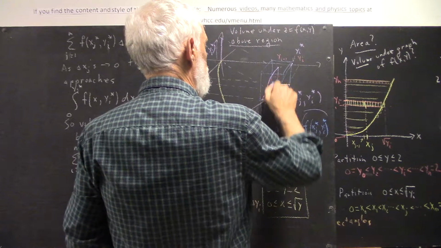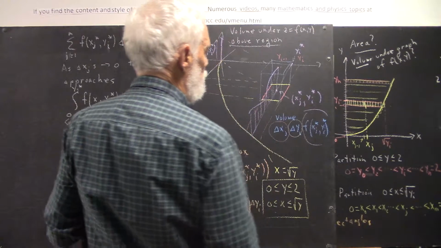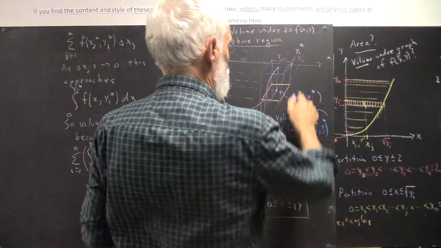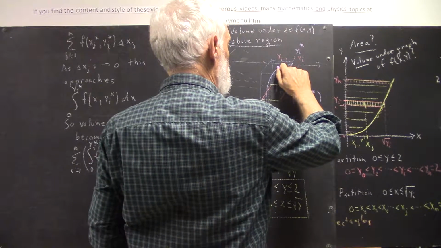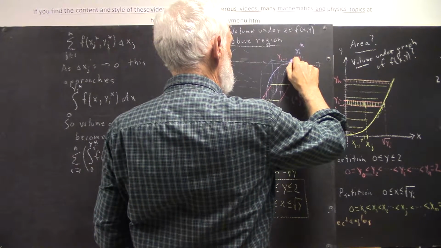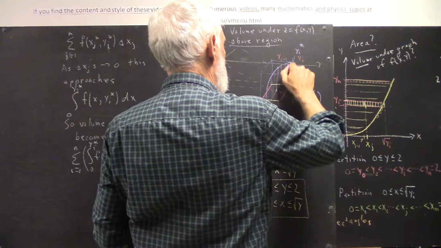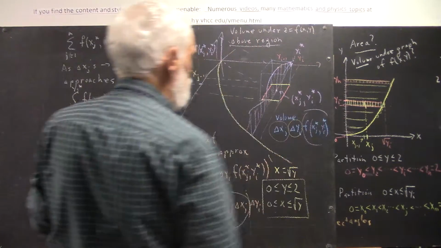So now I've cut the graph of my function f of x y with an xz plane parallel to this one. And now I've got this graph.